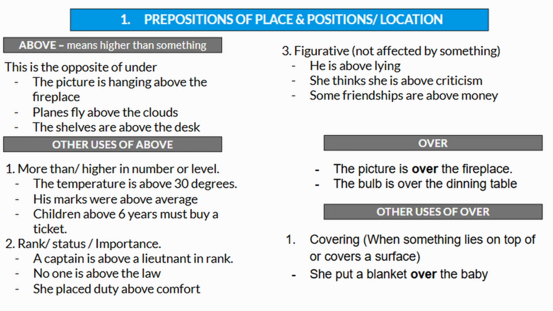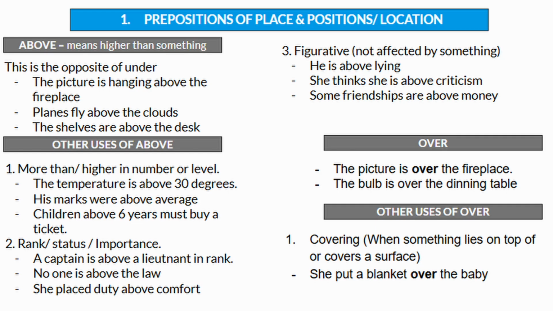Remember I said we use the preposition on when something is touching the surface of another. But over is a different case. With over, something is above and not touching the surface of the thing under it, as in the bulb is over the dining table.